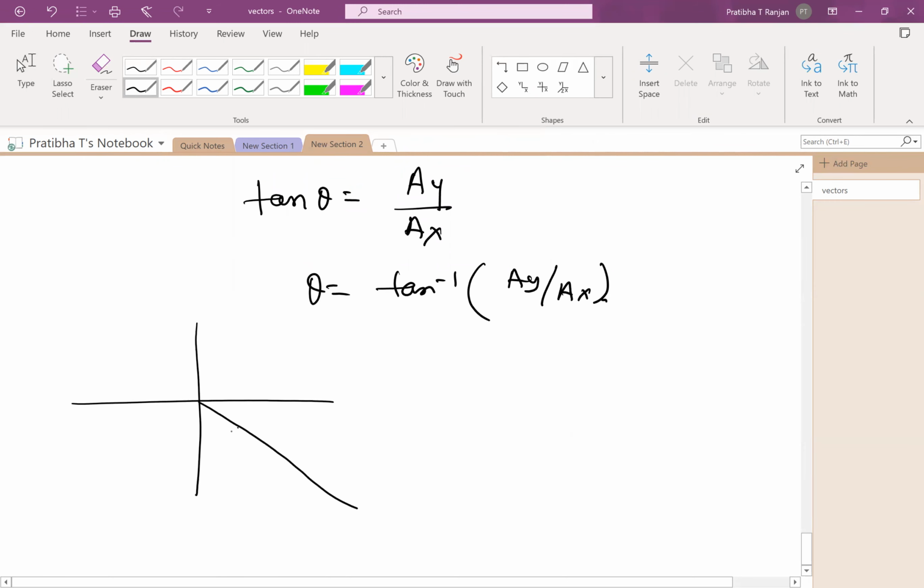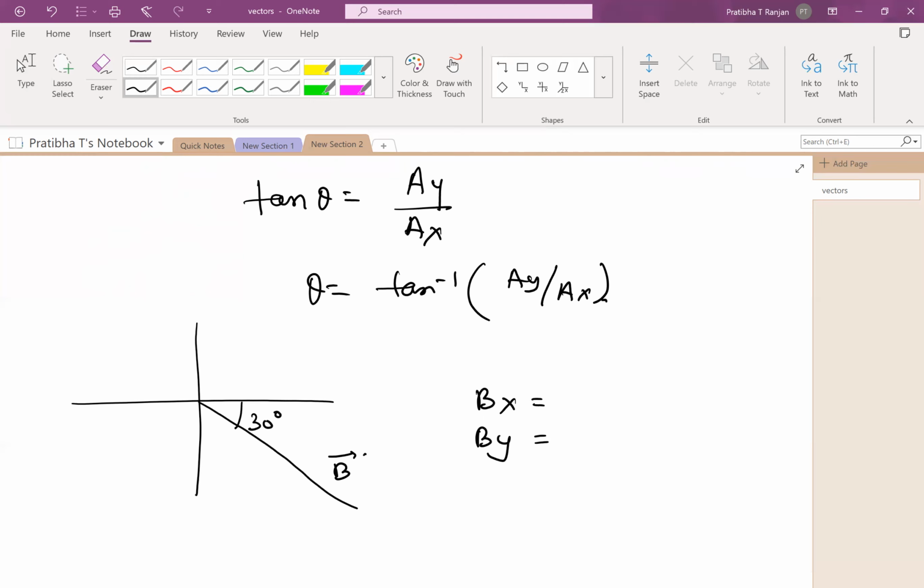and this is acting at an angle of 30 degrees, right? And this is my vector B. So what do you think? What should be my Bx and what should be my By? Look at the arrow, this angle arrow.